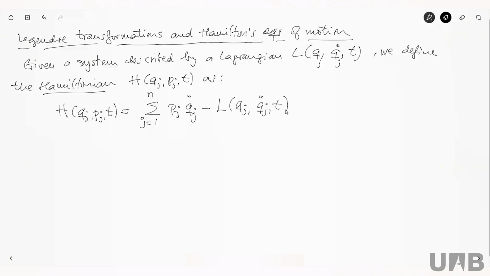So that's what the mathematicians call a Legendre transform. So the Hamiltonian is the Legendre transform of the Lagrangian.